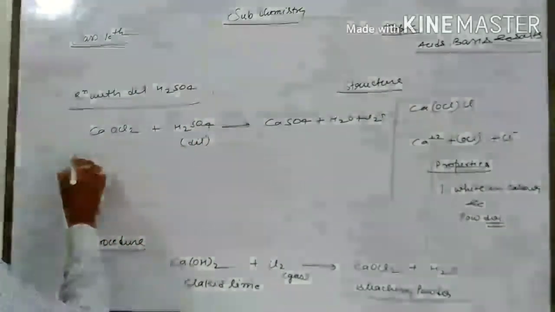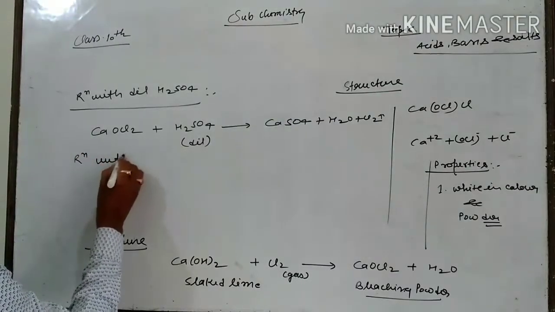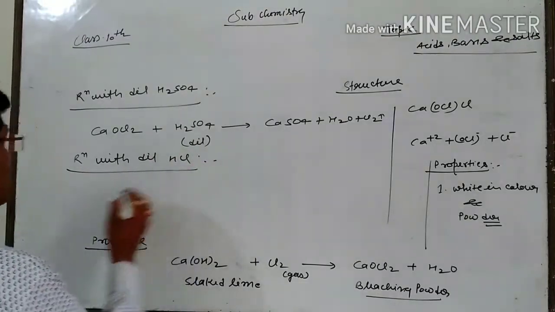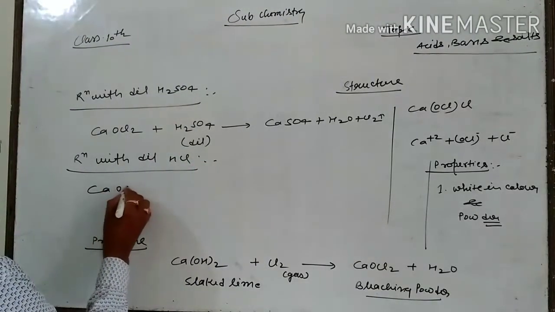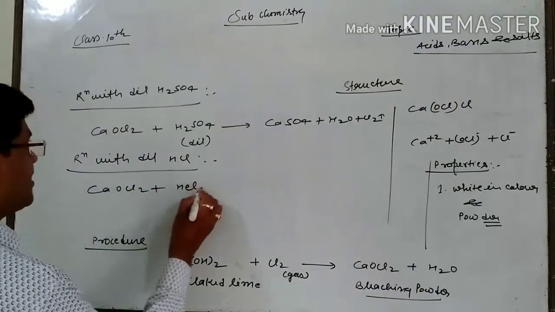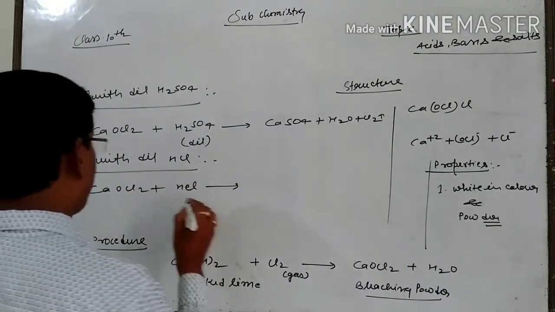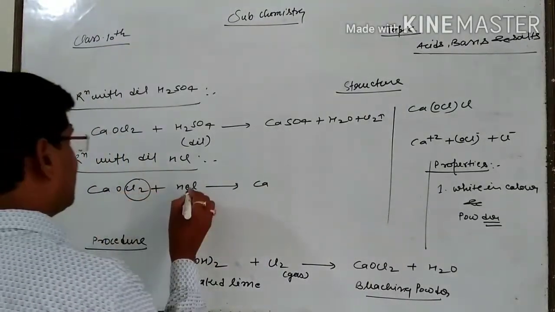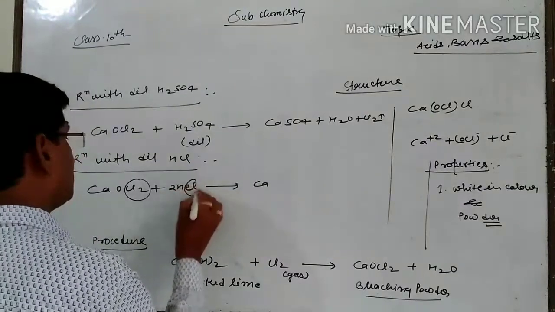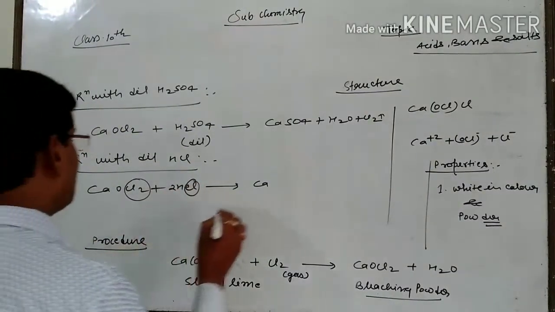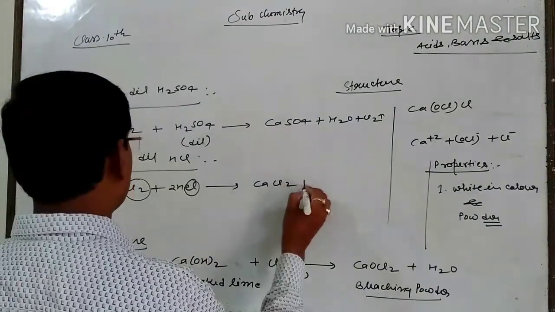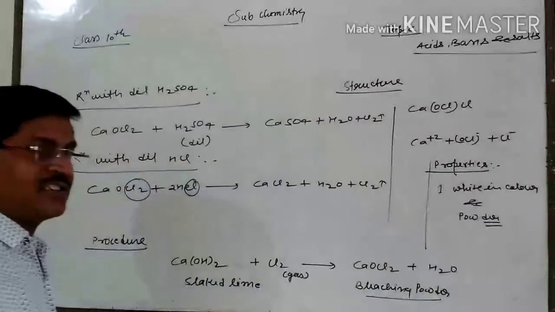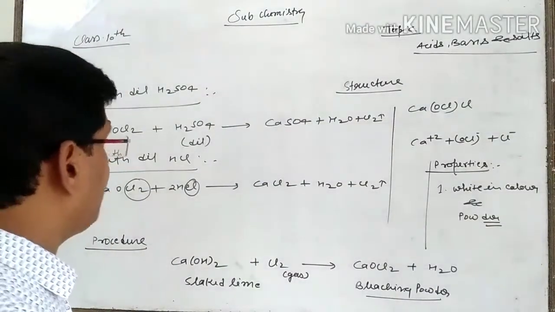Second, suppose I react with dilute HCl. I write once again CaOCl2 plus HCl. It will give CaCl2 plus H2O plus chlorine gas. In this reaction also chlorine gas comes out.